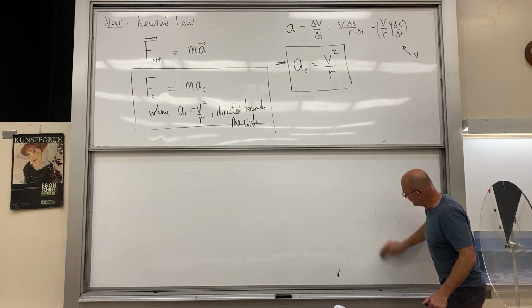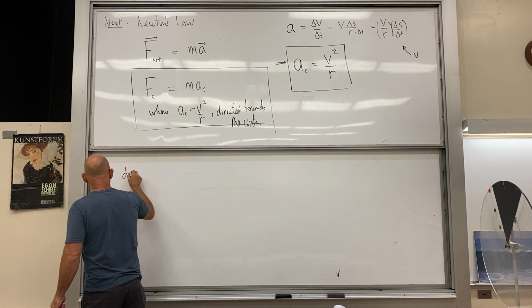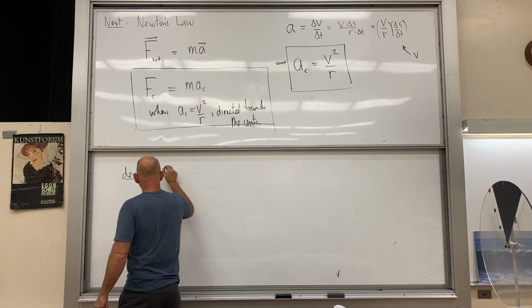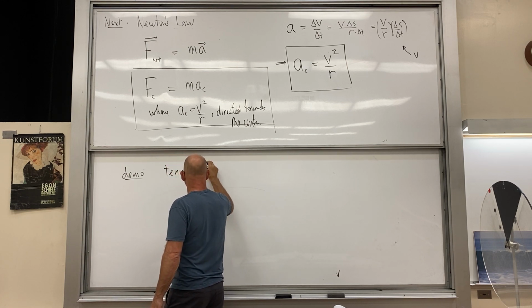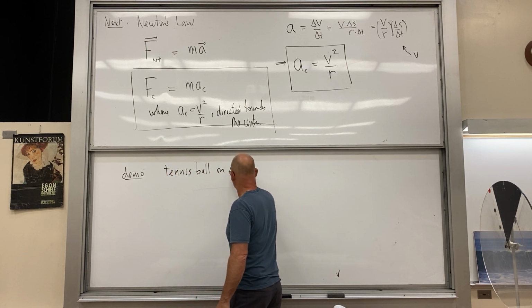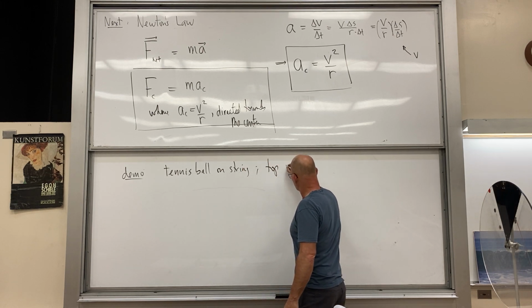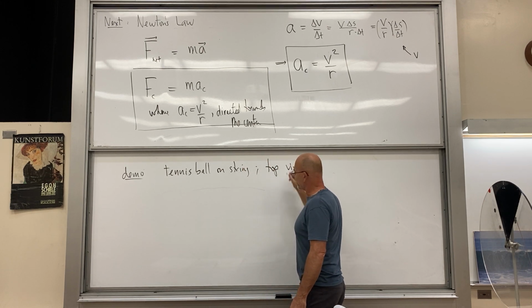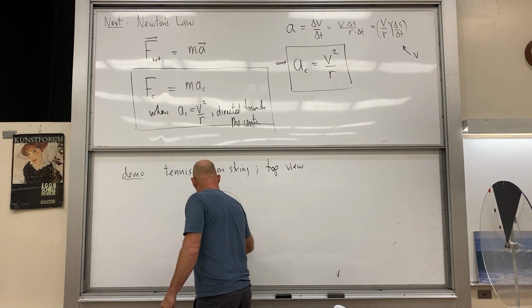We'll call this the demonstration we wish we could have done. Demo: tennis ball on string. While we're at it, we wish we could have had a top view. Okay, so we got the top view. So the ball is whirling around.